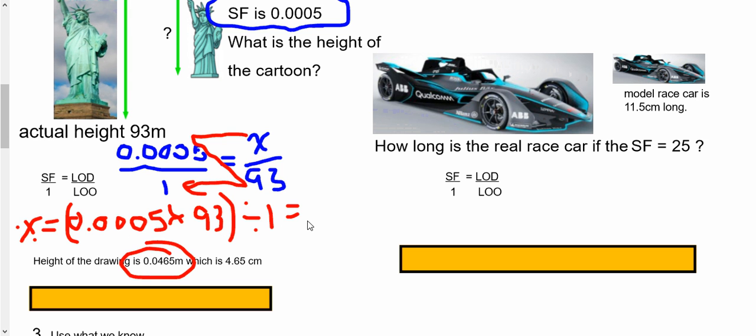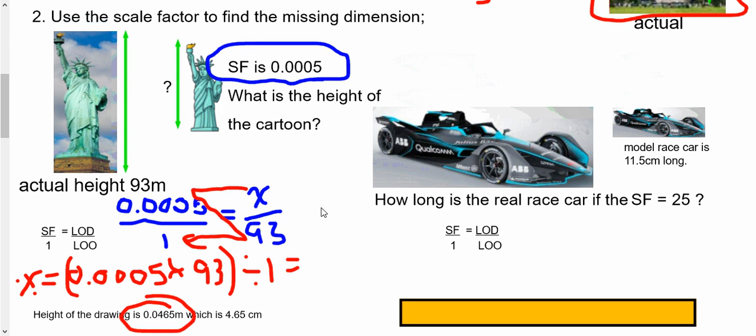Okay, here's another one. Let's look at this race car. Pretty cool, I think. Now, the model race car is 11.5 long. A model is like a diagram.